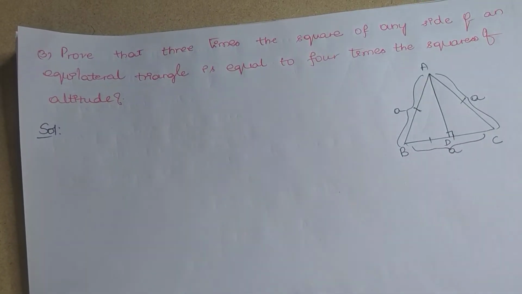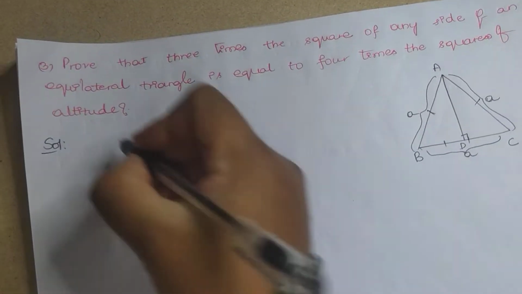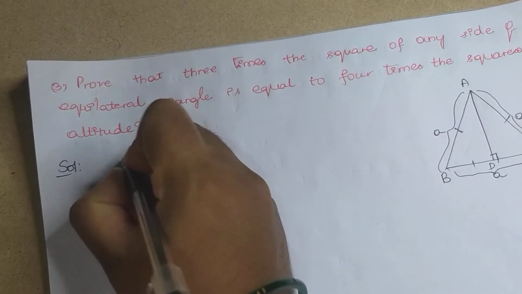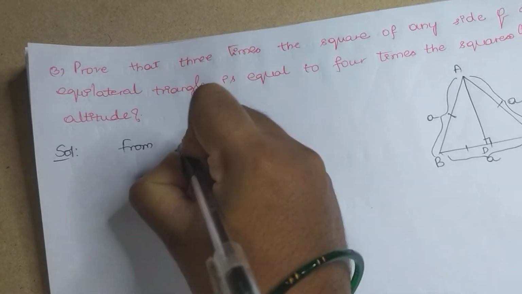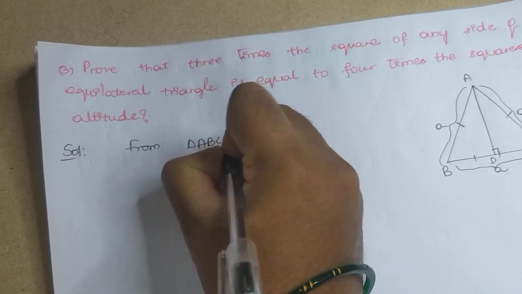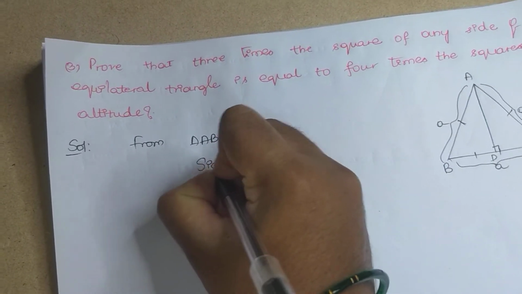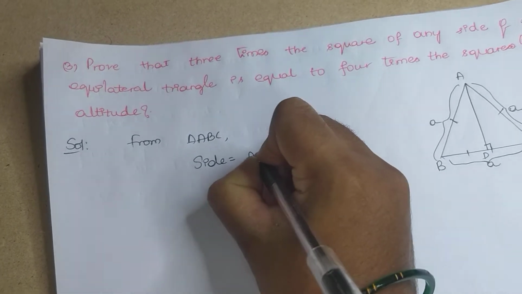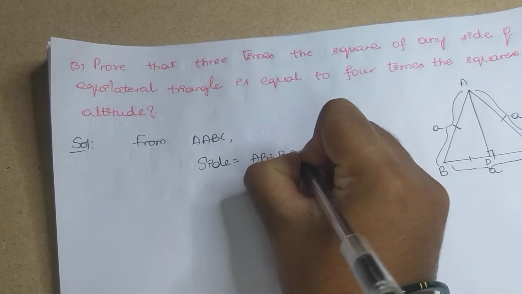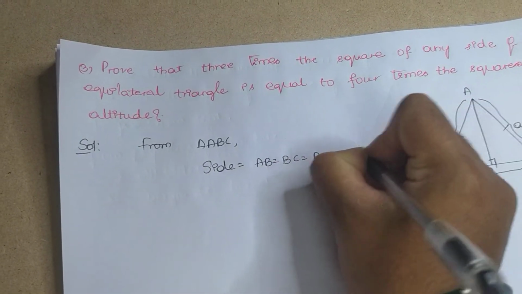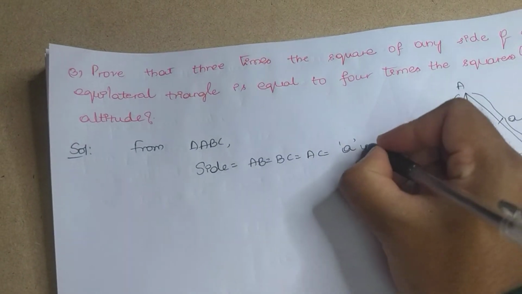So just write whatever you have done till now. So here in triangle ABC, side AB equals BC equals AC equals small a units.